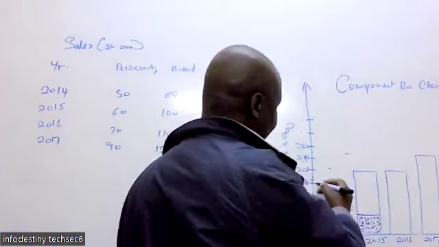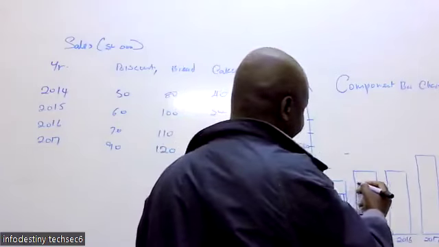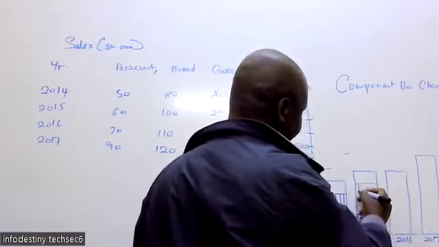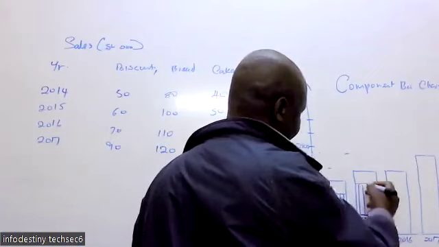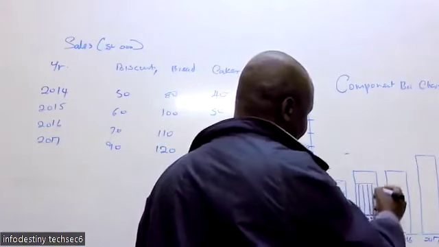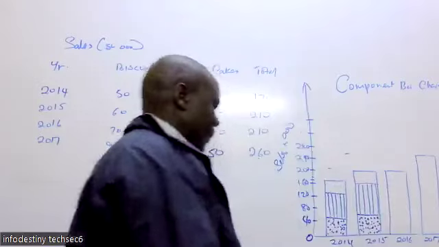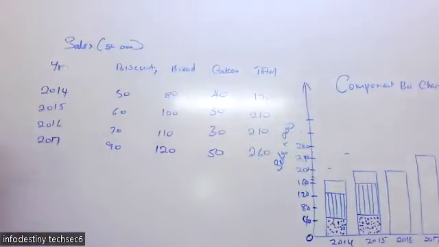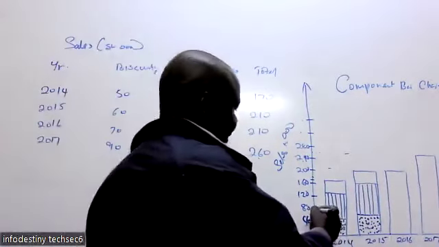That's going to be 160, which is somewhere there. And then the last one, we leave it like that. 2016 is going to be 70. So we go up to 70. 70 is somewhere there.